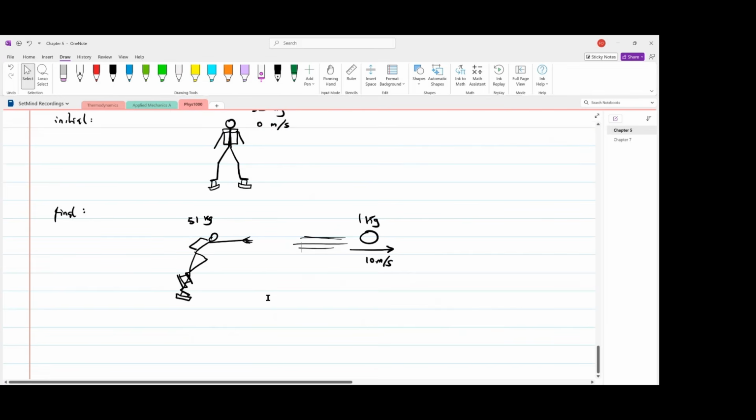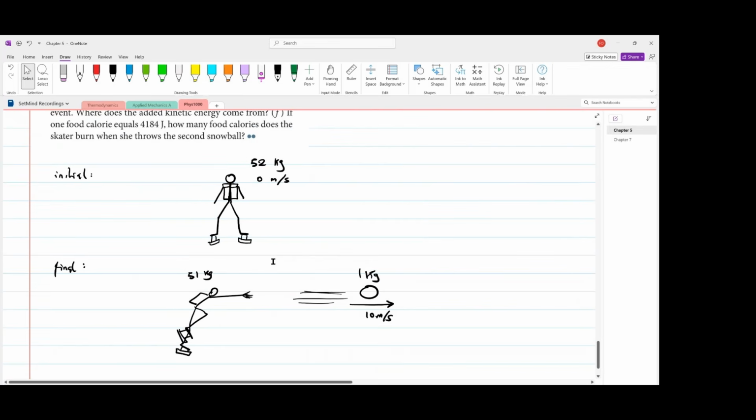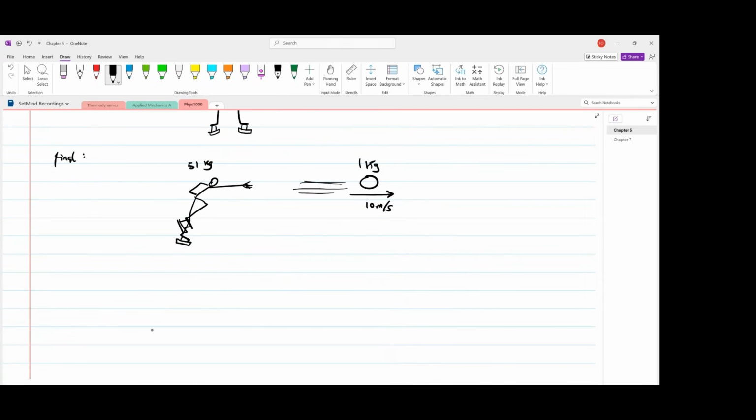So now we can just use conservation of momentum, because this is basically, I don't want to say a collision, but an interaction between two objects. So we can say the sum of momentum before is equal to the sum of momentum final. What is the initial momentum?